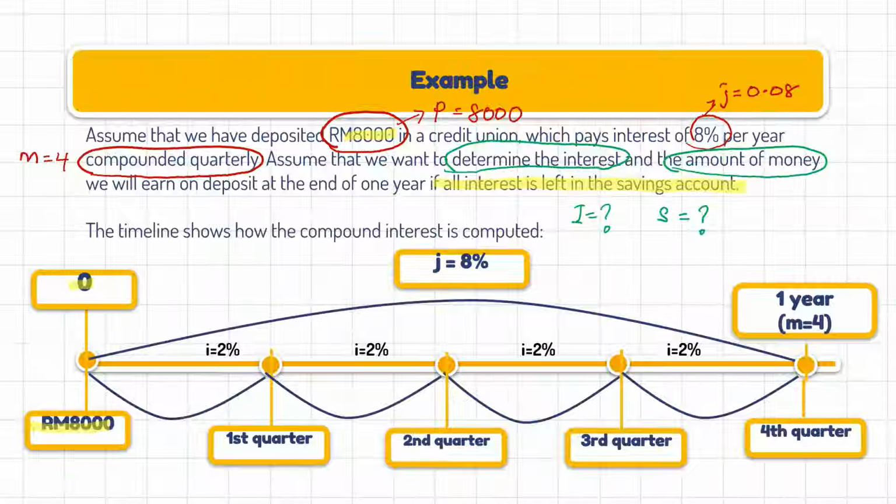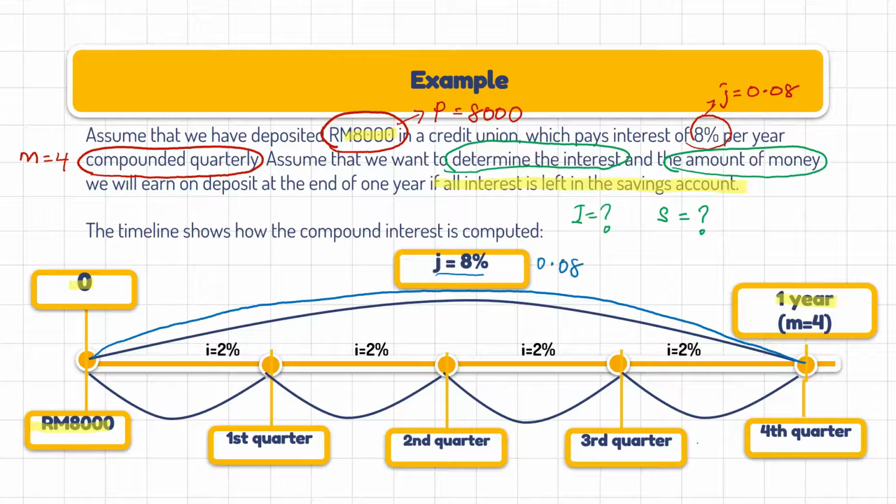The next part is about J. Since our J is 8% per year, we have our loop from 0 to 1 year, which portrays the nominal rate J equals 8%, 0.08.